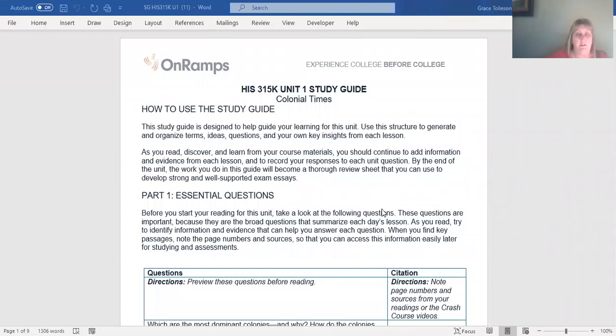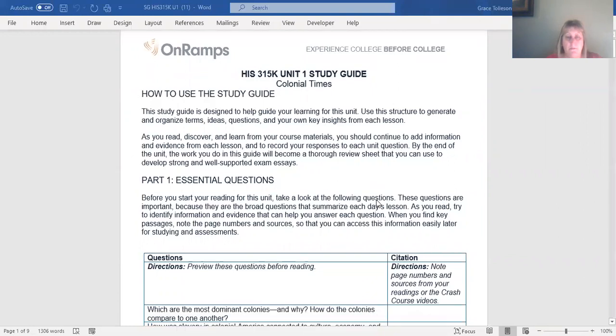Okay, so here is the Unit 1 study guide. These study guides are designed to help you with your learning and to help you practice your writing. They are like a living document. You will be working on these throughout the unit. So there's some general instructions for you up here, how to use it.